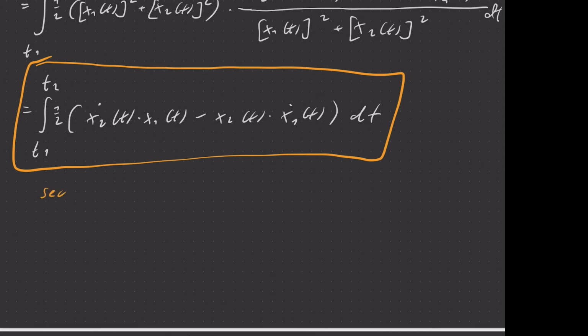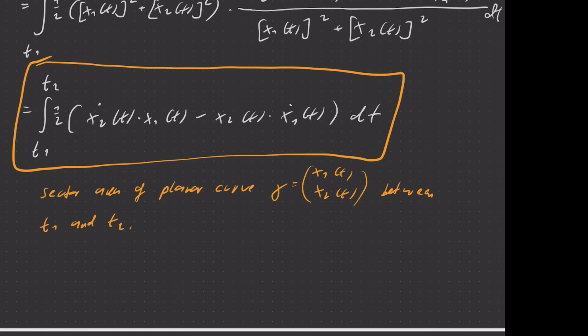So that's for the sector area of the planar curve gamma equals x1 of t, x2 of t between t1 and t2. And this completes this video about the sector area of a planar curve.